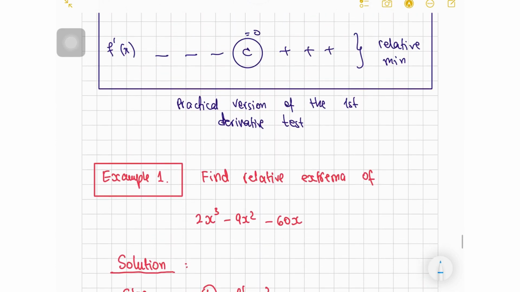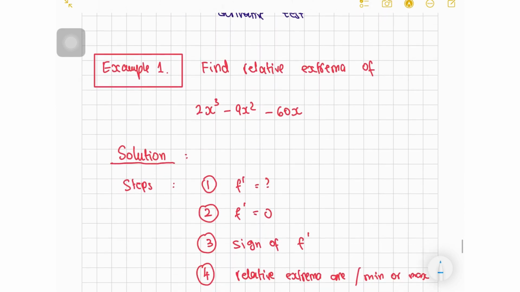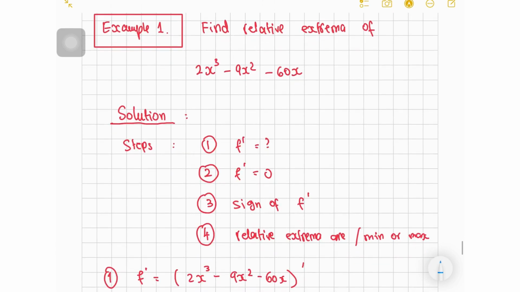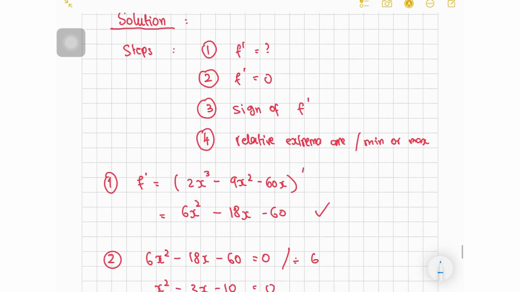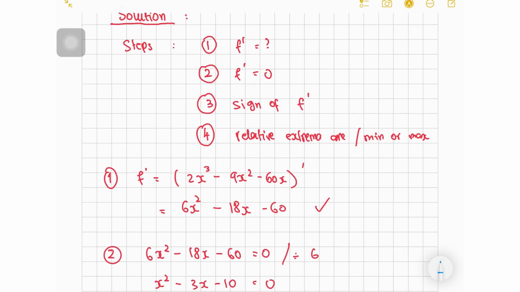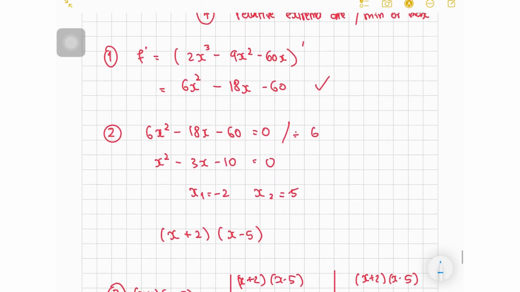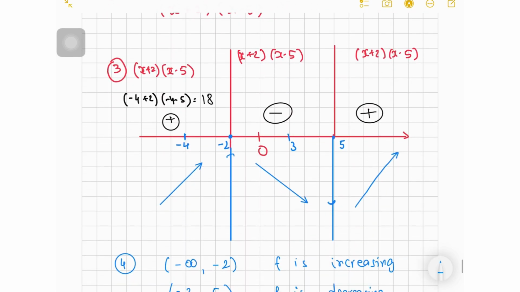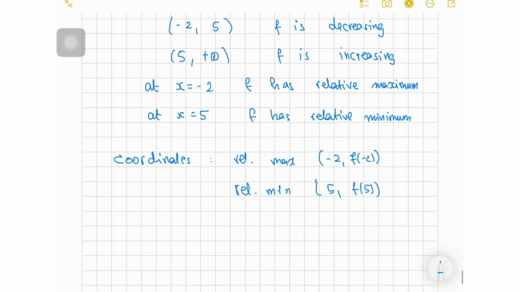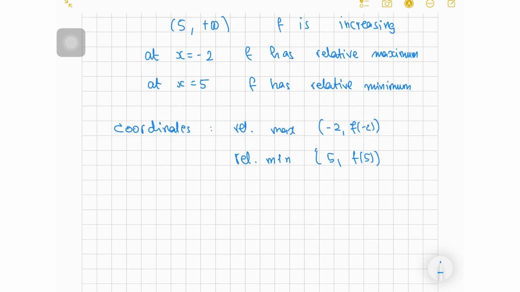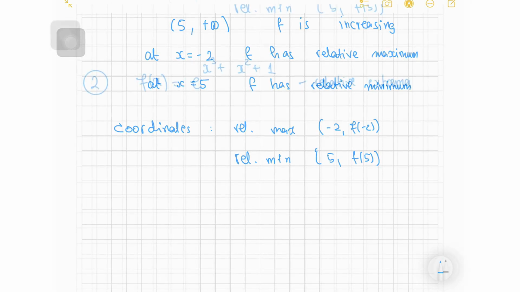So this is example 1 of how to find relative extrema of a function. Crucial here are these steps. And that's basically it. See you in the next video where we will see more examples.